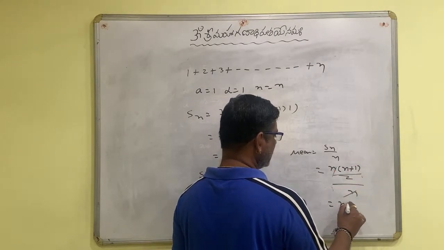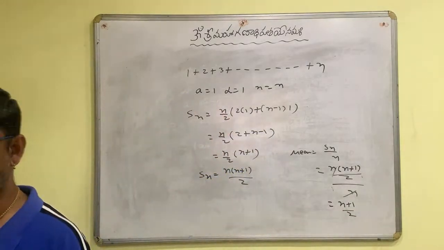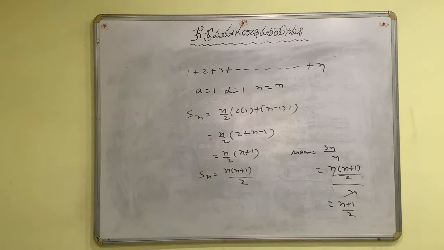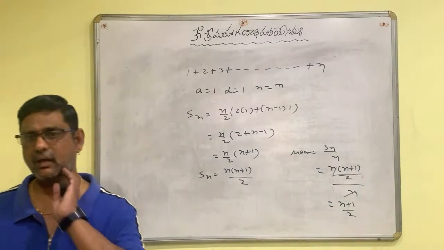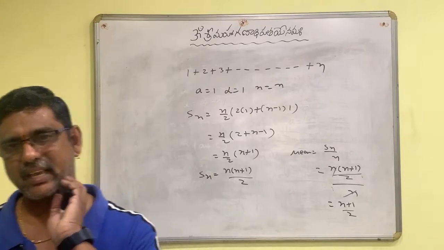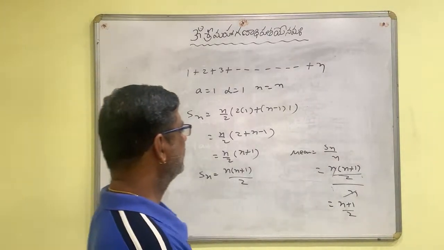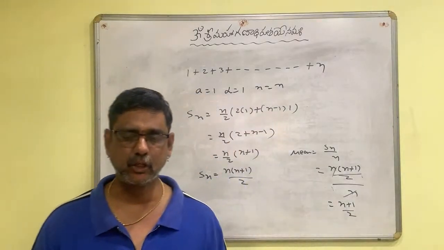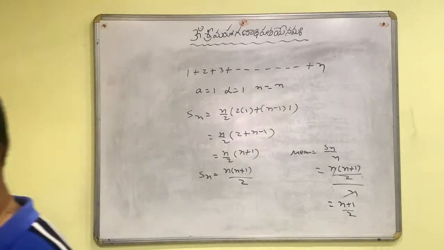The n gets cancelled. So the mean of first n natural numbers is n plus 1 by 2. Okay, children?